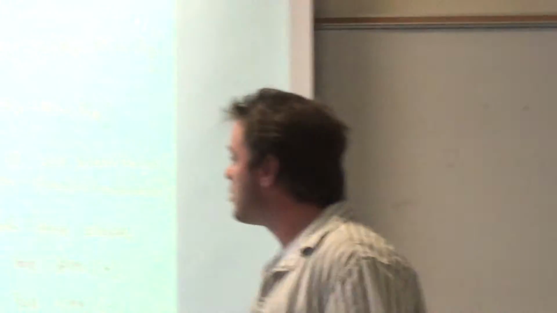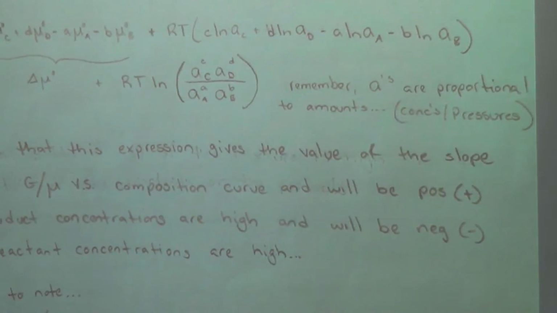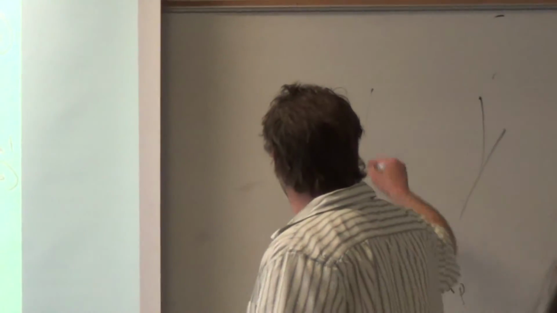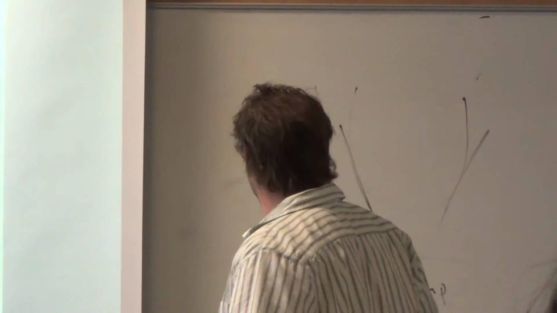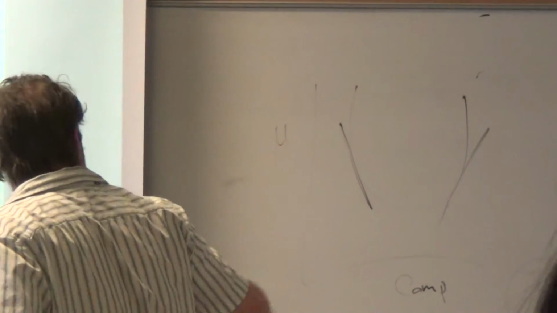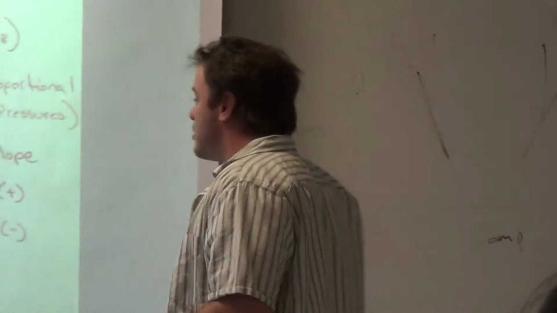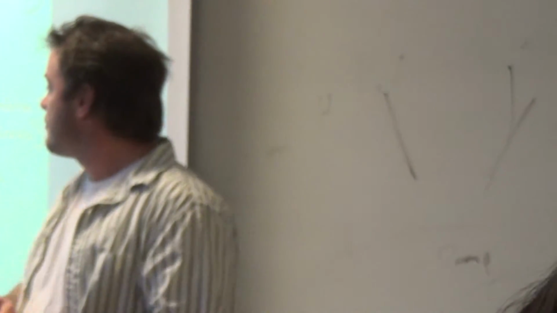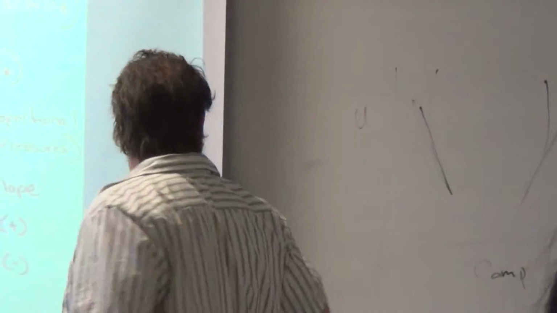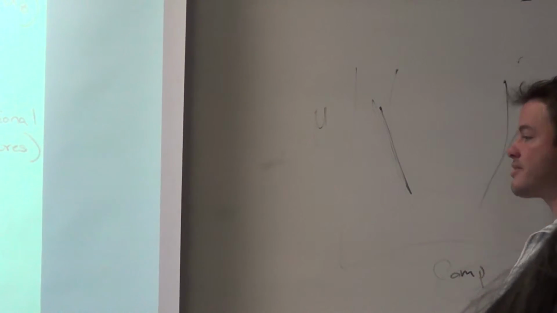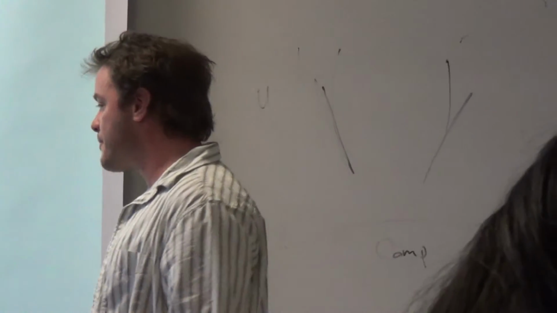At a high amount of components C and D, we're moving towards the products and we've got a positive delta mu. And at a low amount of C and D and a relatively high amount of A and B, we're on the reactant side of that curve, and we've got a negative slope on that delta mu, on the mu versus composition curve. So that equation basically tells us how to calculate the value of that slope that we were looking at just a second ago.